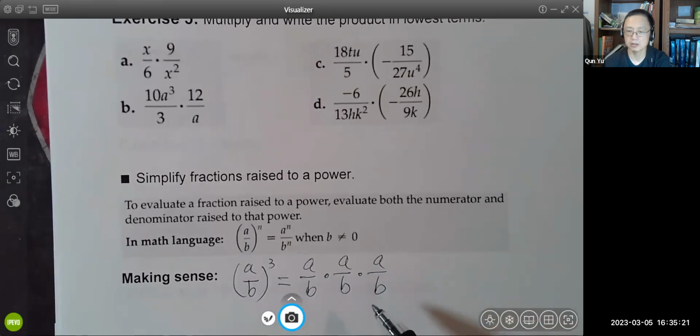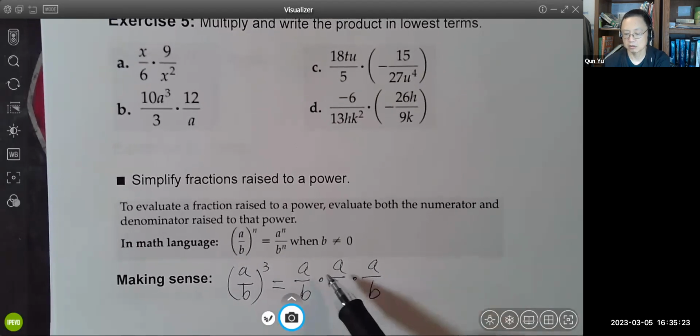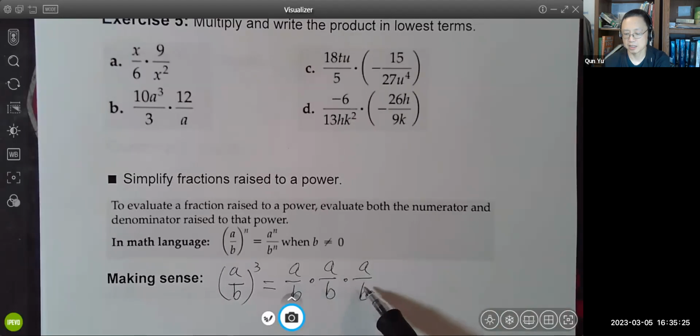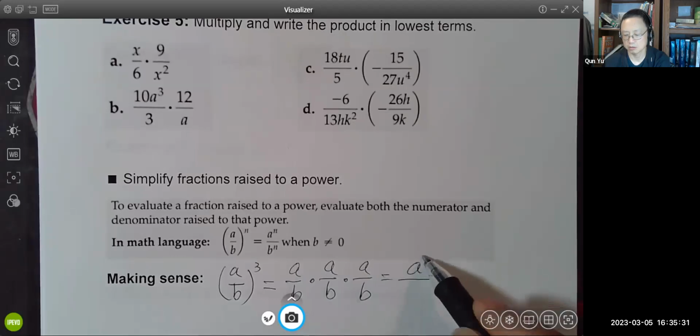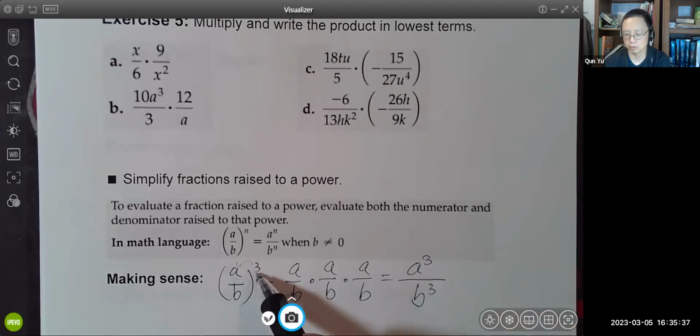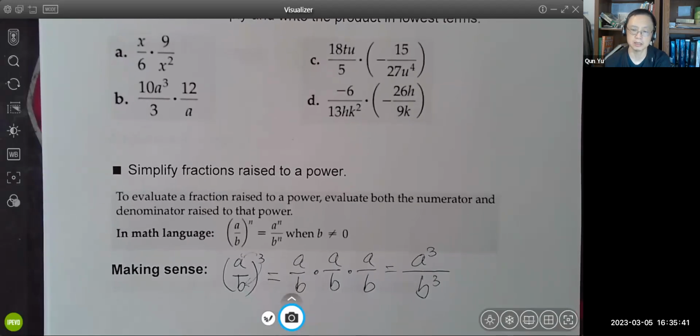And we now know that when we multiply fractions, we multiply numerators together, right? A times a times a, that's a cube. B times b times b, that's b cube. This is equivalent to you distribute this exponent to each component inside.